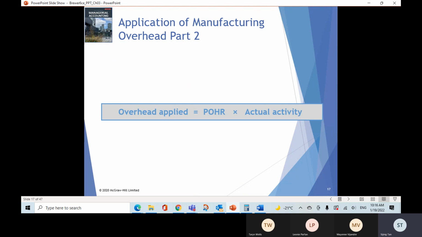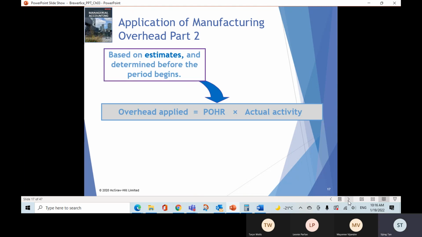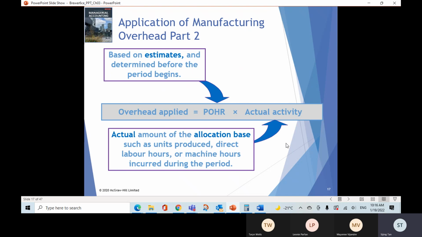We also have 16, 17, yeah. So this is the one. It is based on an estimate determined before the period begins. So we predetermine it, right? Before the actual hours actually happen. And then we multiply by the actual activity, the actual amount of the allocation base, such as units produced, direct labor hours, or machine hours incurred during the period.